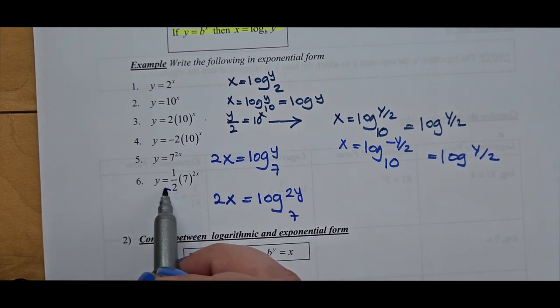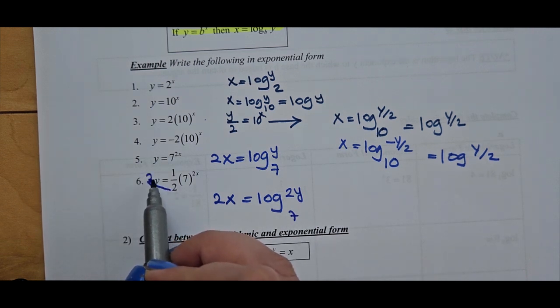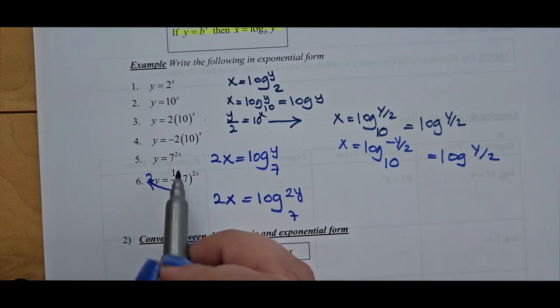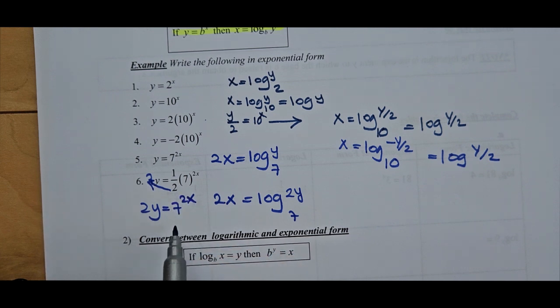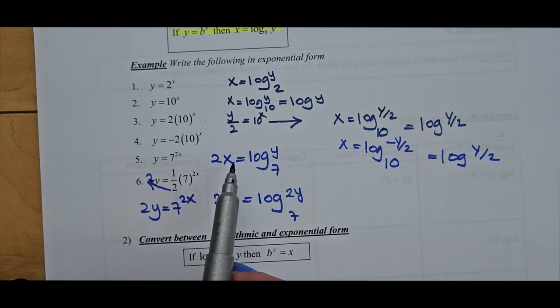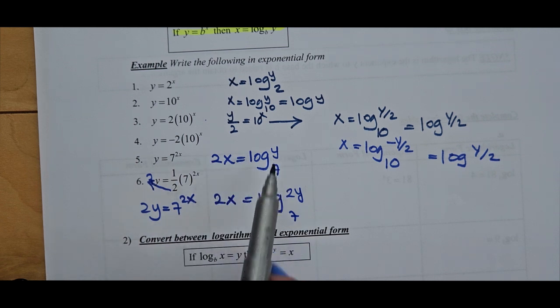You know what I did here? Here I just multiplied this side by 2y. So 2y equals 7 to the power 2x. So if you compare this one with this one, if I want to use this formula, instead of y, I just write 2y, right?